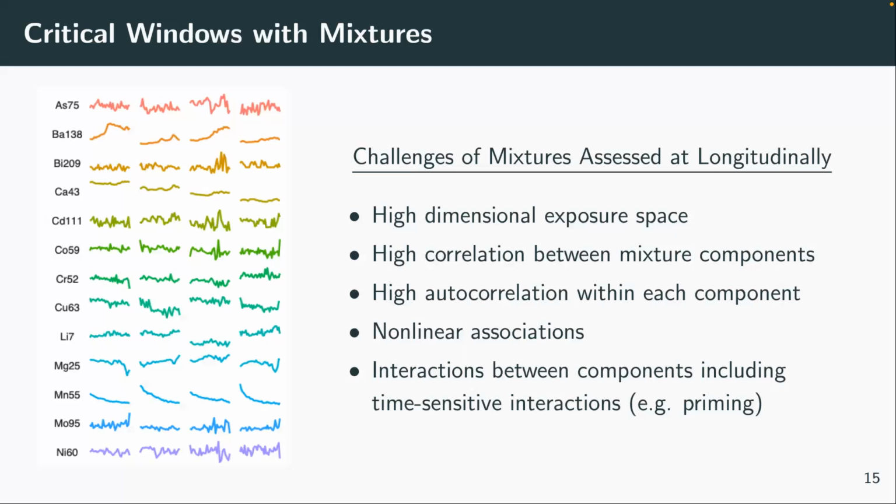We want nonlinear associations often. We want interactions, and particularly time-sensitive interactions. By that, I mean exposure to one component at time point 1 maybe changes our susceptibility to a second component at time point 10 or something like that. So it's this priming hypothesis that exposure to one thing at one time point can make you more or less susceptible to exposure to something at a later time point.